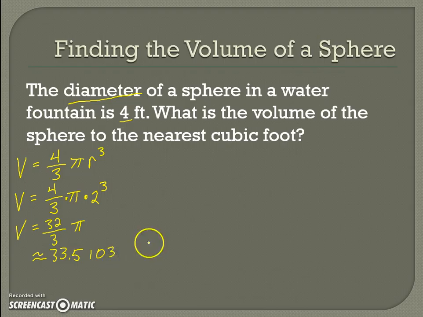Doesn't matter. Nearest cubic foot, so I'm rounding here. The 5 tells me to go up, so it's about 34 feet cubed. All right, so again, it's just substituting into the formula and then working our way down.